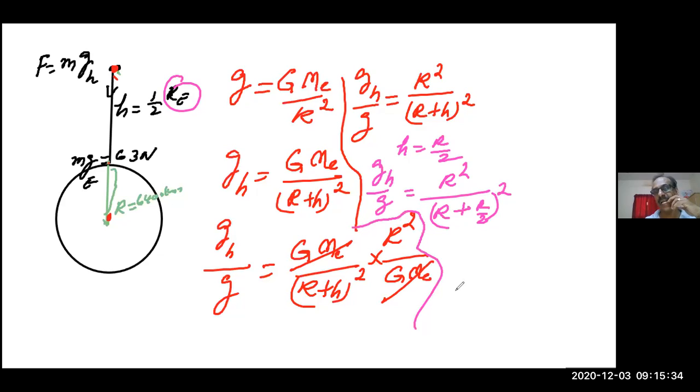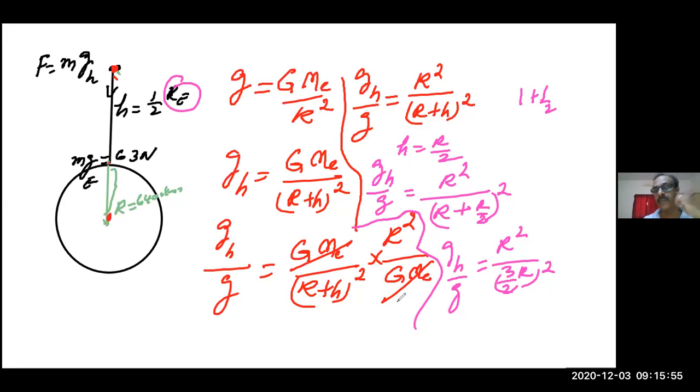Agreed? Then g_h by g is equal to R squared divided by, 1 R plus half R, that means 3 by 2 R, whole squared.